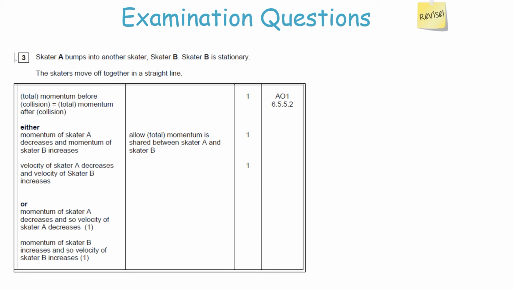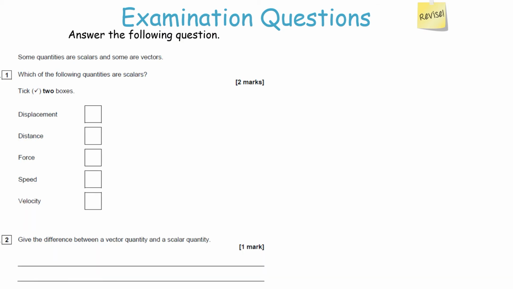So as a result, the momentum of skater A decreases, but now the momentum of skater B increases because the total momentum is being shared between skater A and skater B after the collision. Now therefore that means if the momentum of A is going down and momentum is mass times by velocity and the mass of the skater isn't changing, the velocity of A goes down, whilst by the other token, the velocity of B goes up. Next question.